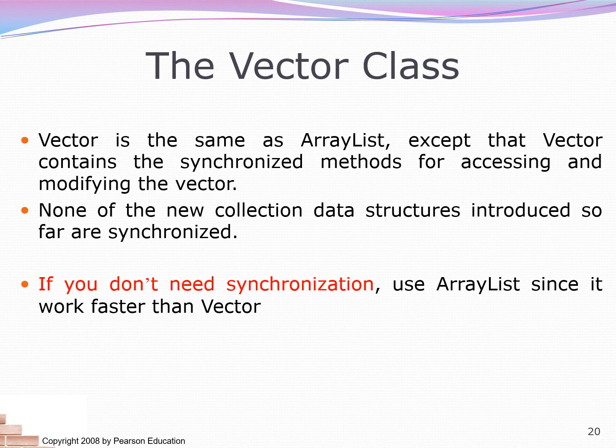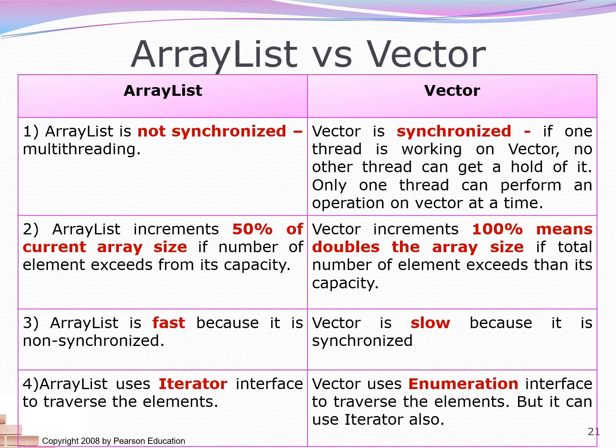None of the new collection data structures introduced so far are synchronized. If you do not need synchronization, use ArrayList since it's faster than Vector. What does synchronize mean? Let's say you have a list, and this list will be accessed by many threads or many objects.